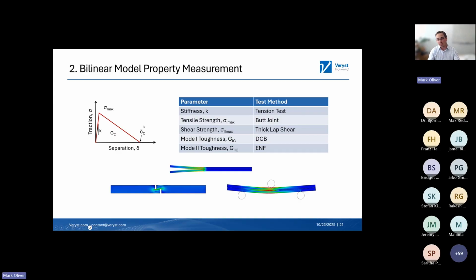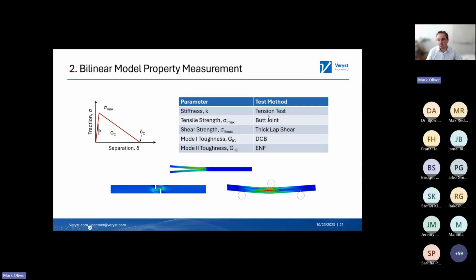All right, so the second approach is to actually go in the lab and do some experiments. The next level of complexity is to just assume you have a bilinear traction separation law. If we assume that this is just bilinear, we ignore any of the complex shapes of the traction separation laws, then we need to input a stiffness, a tensile strength, a shear strength, and then we need to define a fracture toughness for mode 1 and mode 2.